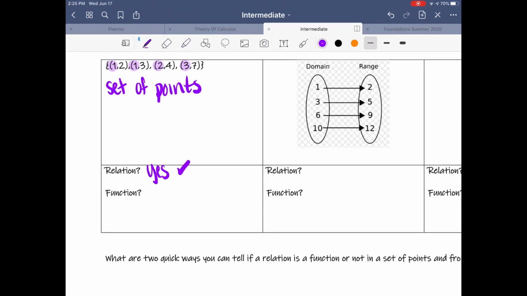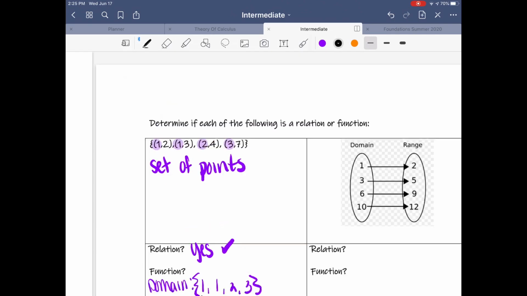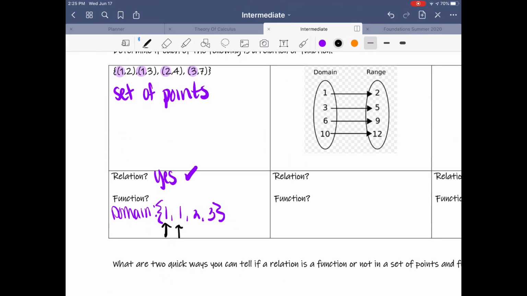I'm going to write those down. 1, 1, 2, 3. Does x repeat? Yes. So since x repeats, it is not a function. It's disqualified.